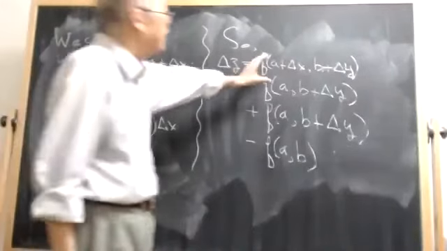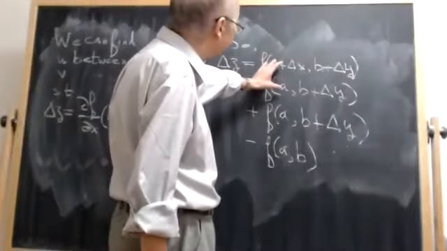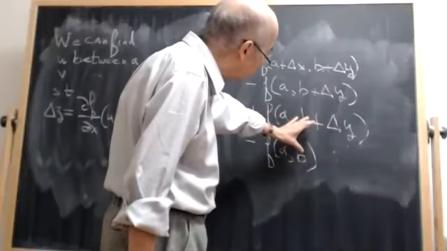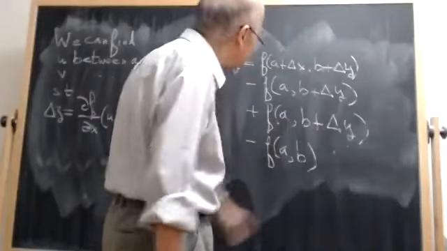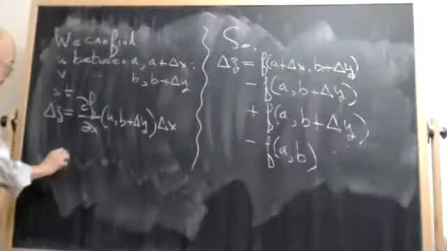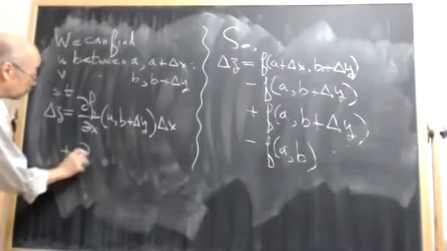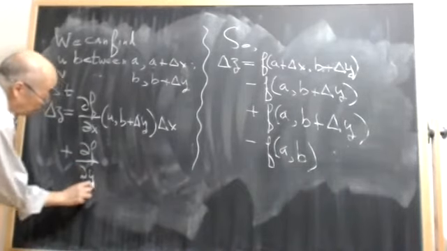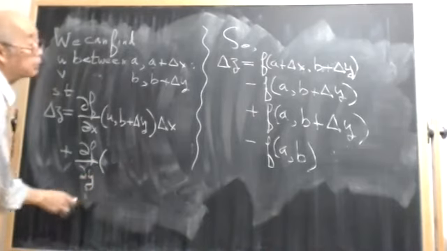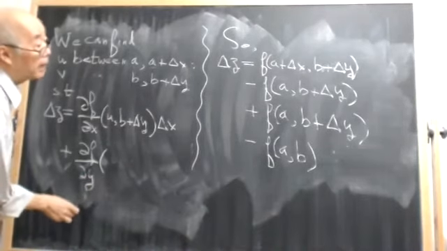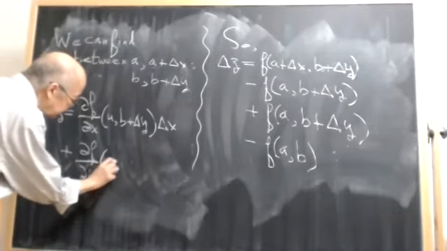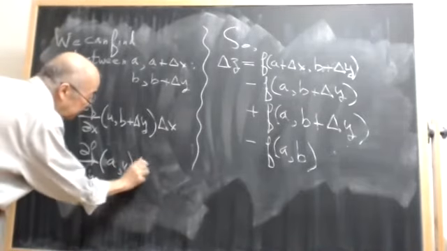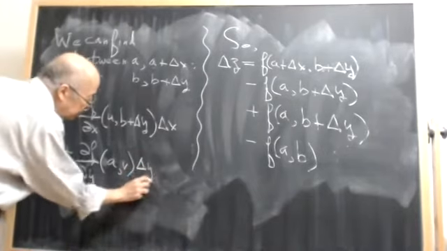I apply the mean value theorem to the first variable. And then I apply the mean value theorem to the second variable. So I have df dy at a v times delta y. Correct?